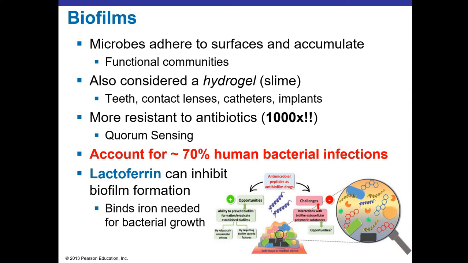So we see these types of biofilms all the time. When we wake up in the morning and we have that slimy layer on our teeth, that's a biofilm. People that wear contact lenses, if you have ones that are not the disposable, you have to constantly clean them because you start to get this type of biofilm on them.